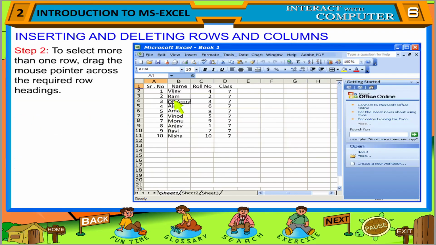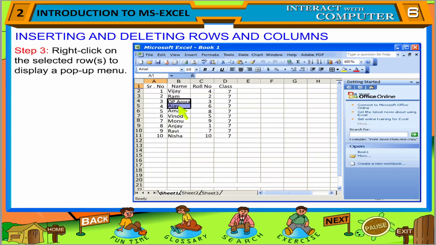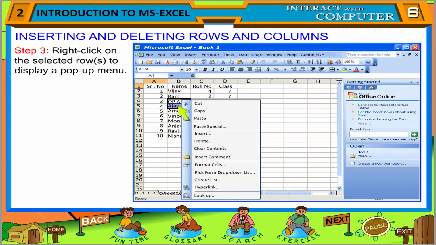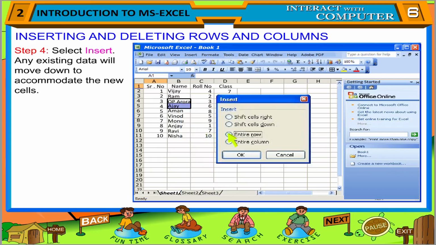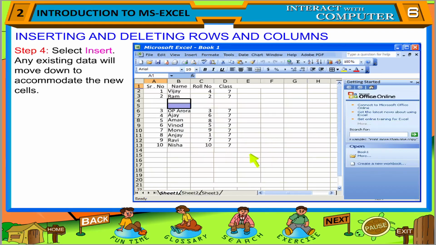Step 2. To select more than one row, drag the mouse pointer across the required row headings. Step 3. Right-click on the selected row or rows to display a pop-up menu. Step 4. Select Insert. Any existing data will move down to accommodate the new cells.